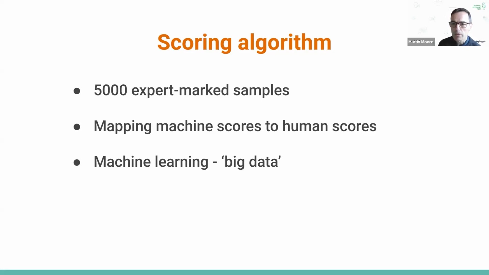Maybe that relatively small sample. Whereas a machine, we can give it these 5,000 samples. We can give it 50+ micro features, and it can keep all of that in its virtual head, if you like, and process it all at the same time. And that is what really gives us the opportunity to produce an accurate and reliable score.